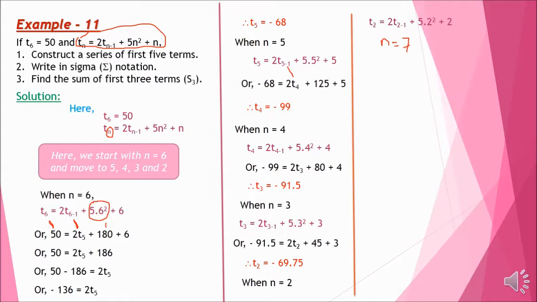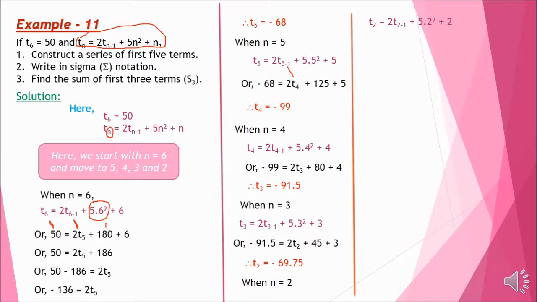We have the value of t2 as 69.75, equal to 2t1 minus 1, t1 plus 20 plus 2. Now in this way, we get the value of t1 as minus 45.875.